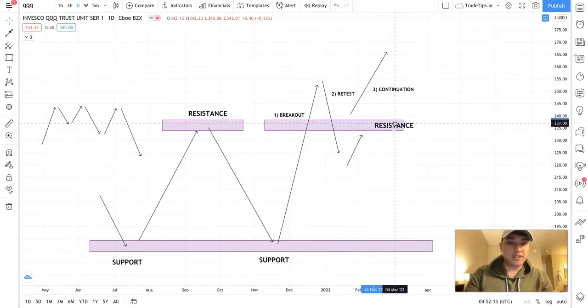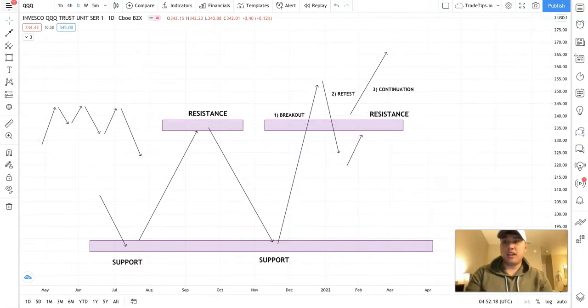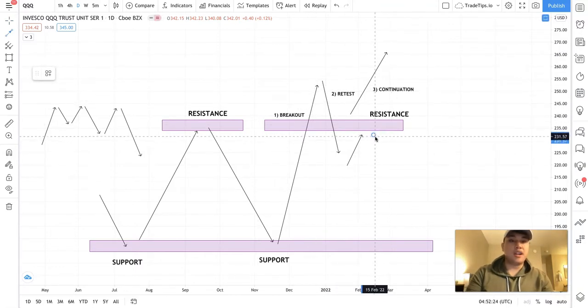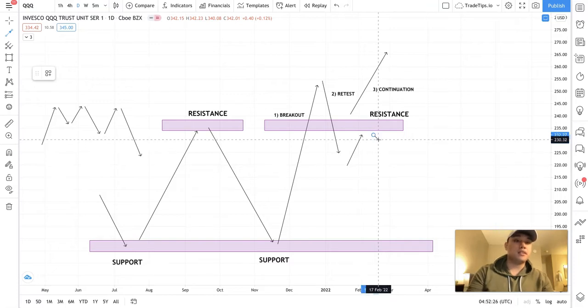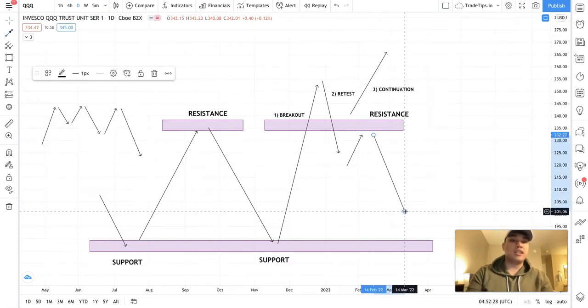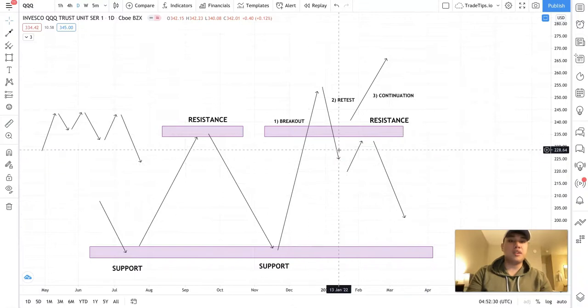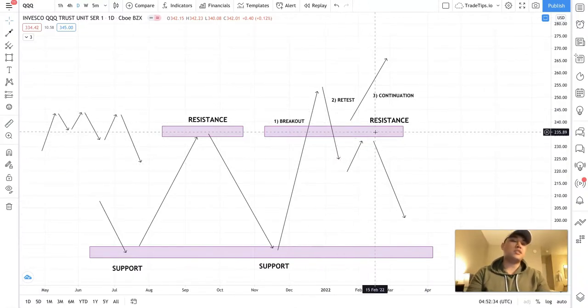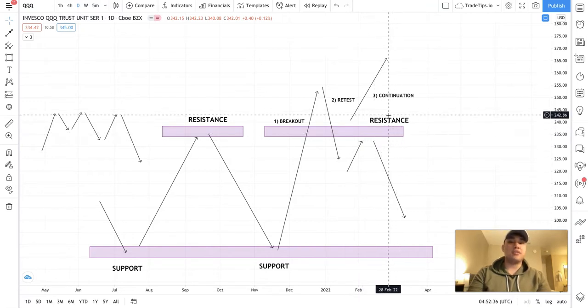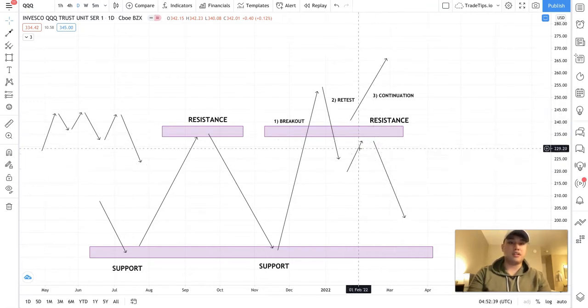So price, for example, comes in here, and if it does that false breakout and we see the resistance zone resist again, then that is something to note. We do not want to be in the trade if the resistance keeps acting as a resistance, especially if we're going long in this trade.